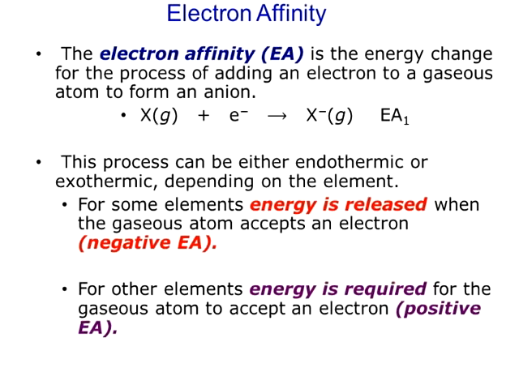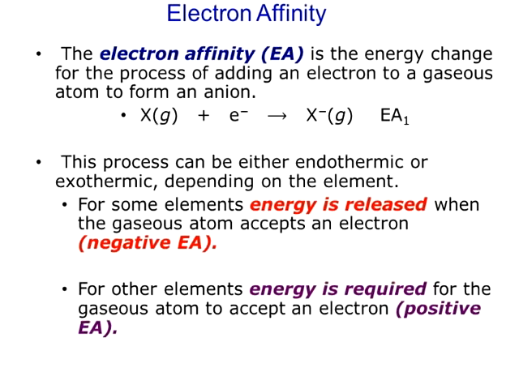This process can either be endothermic or exothermic depending on the element. For some elements, energy is released when the gaseous atom accepts an electron. Therefore, we get a negative EA, which is exothermic. For an element where energy is required for the gaseous atom to accept an electron, it is positive and is therefore endothermic.